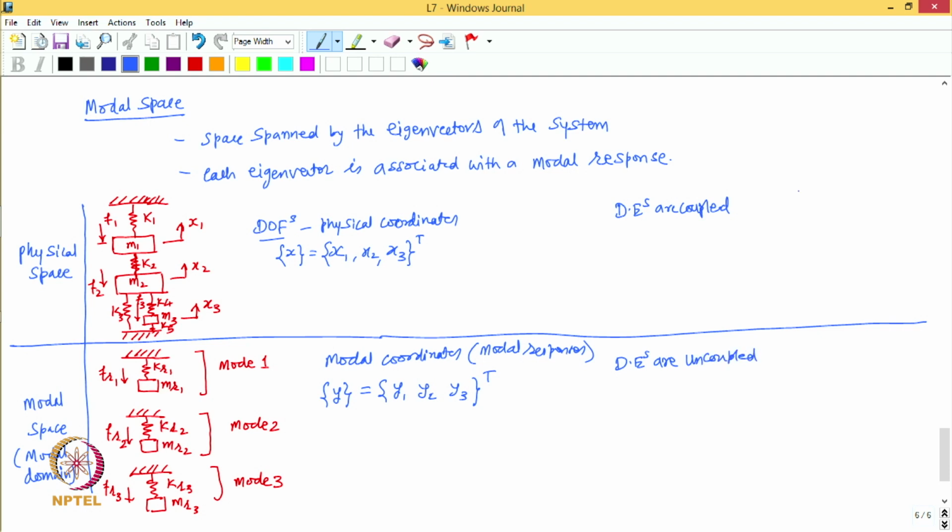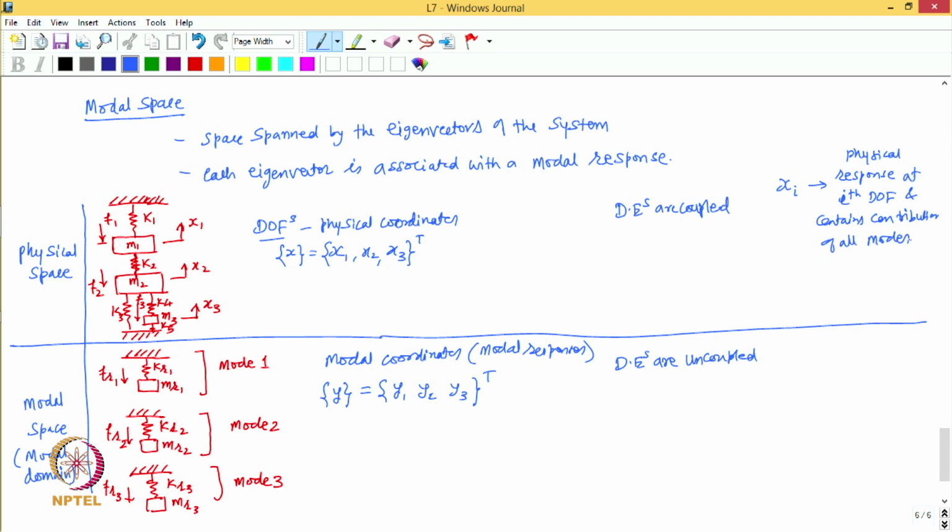Another thing is that if I look at any particular coordinate, say xi, any physical coordinate, this xi tells us the response, or physical response also we can call it, at ith DOF, and contains contribution of all modes.